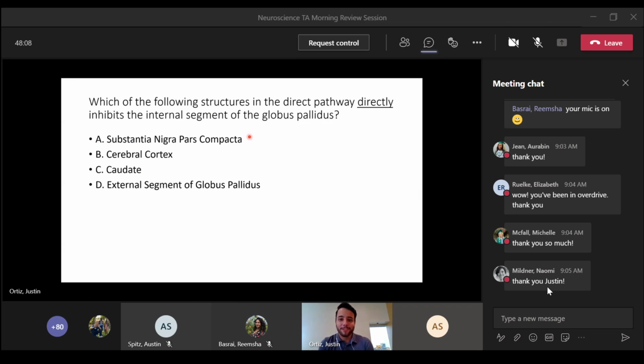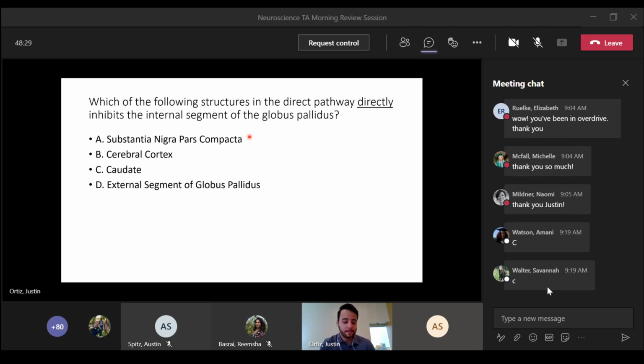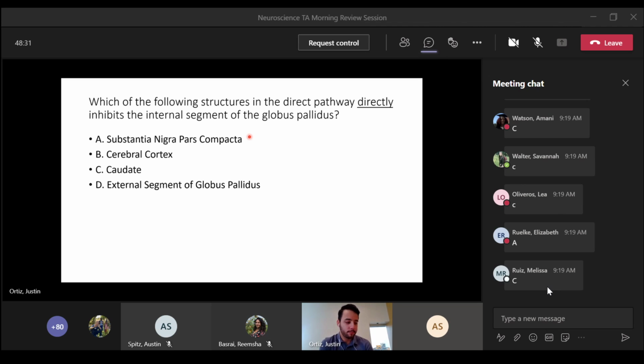Right? So which of the following structures in the direct pathway directly inhibits the internal segment of the globus pallidus? Anybody have any questions while we wait?